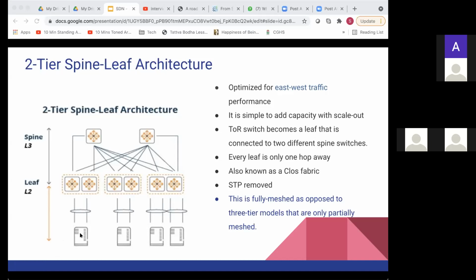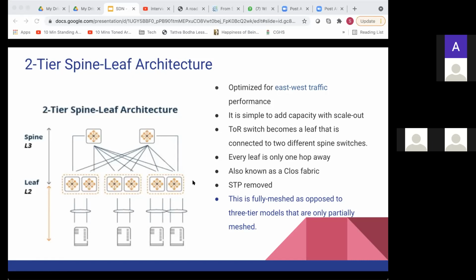So when there is a traffic flow from the last set of boxes in the picture, that's called east-west. If the communication goes horizontally between this layer, it is called the east-west traffic. Also in this architecture, you can add an access switch pretty easily.